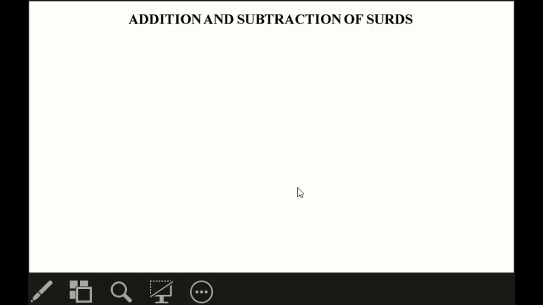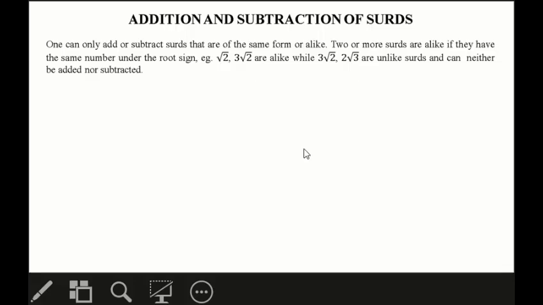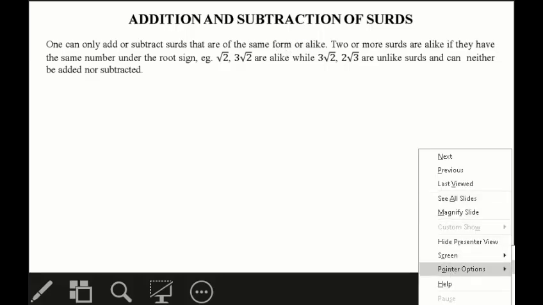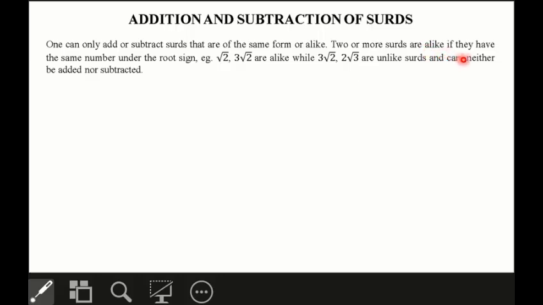So let's move on to addition and subtraction of surds. One can only add or subtract surds that are of the same form. Two or more surds are alike if they have the same number under the root sign. Example, root 2 and 3 root 2.